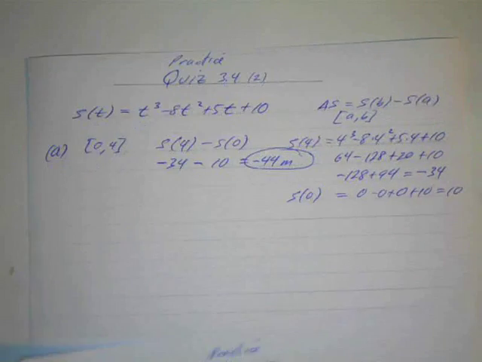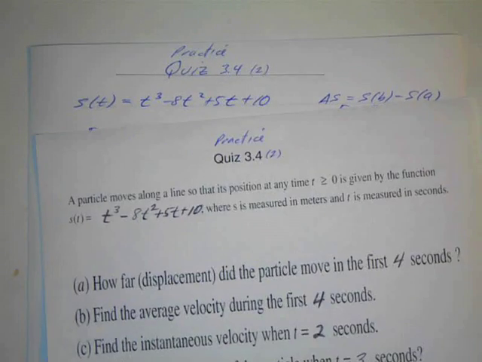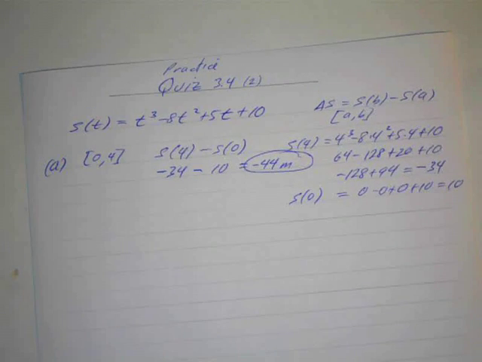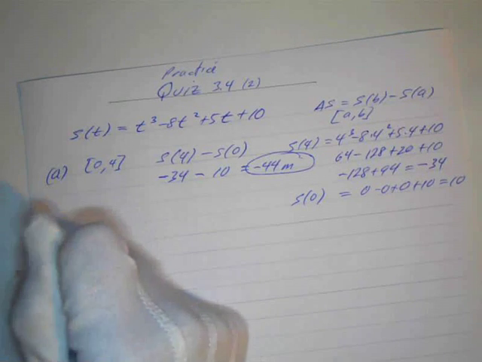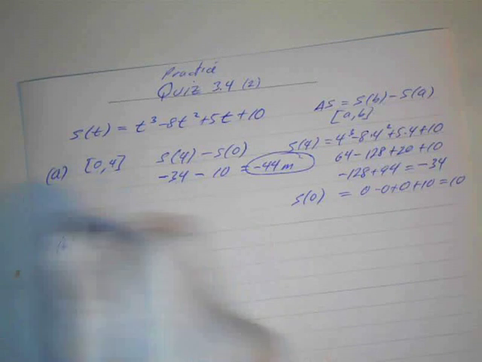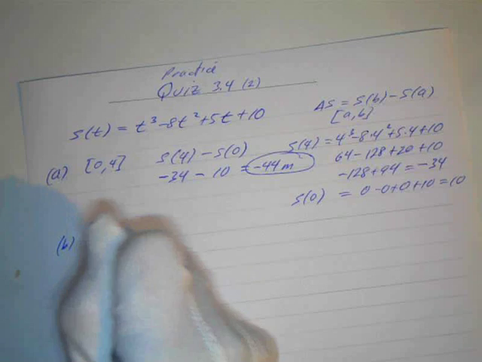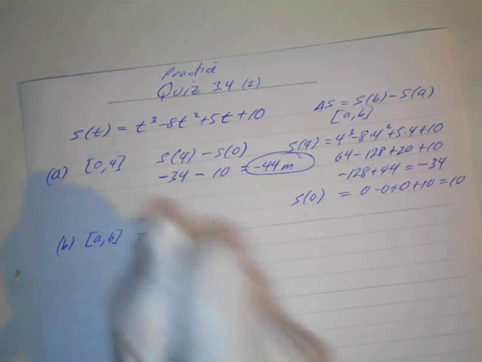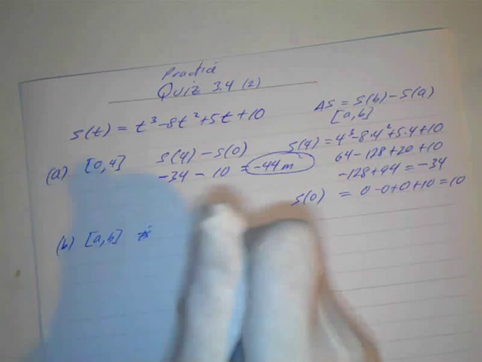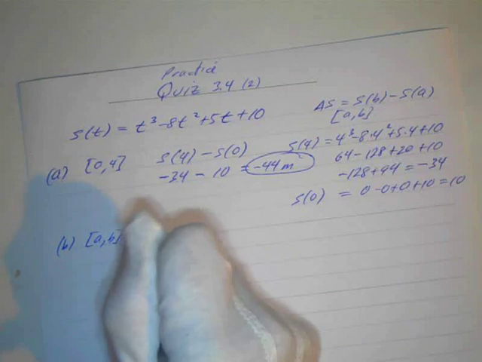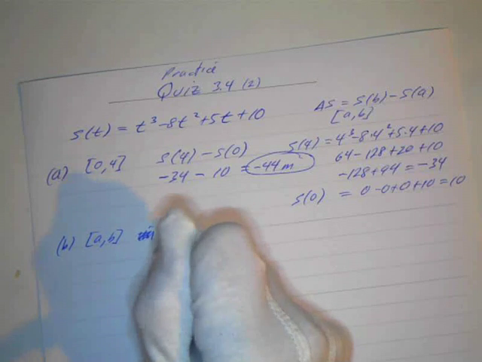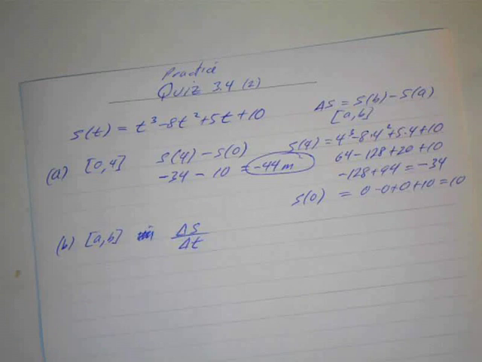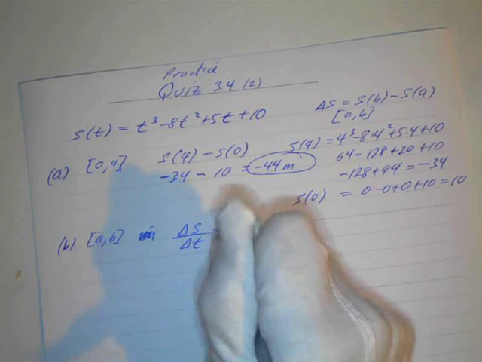The next question we can ask is: find the average velocity during the first 4 seconds. Well, that's like our average rate of change, and again on AB, that's delta S over delta T. That's the average velocity, and sometimes they use this notation.